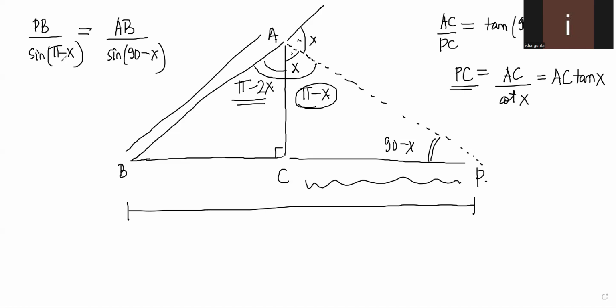So now I'm getting PB by sine x is equal to AB by cos x, so PB is equal to AB into tan x.